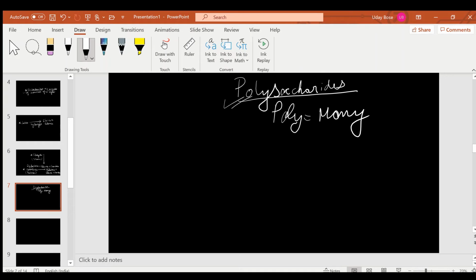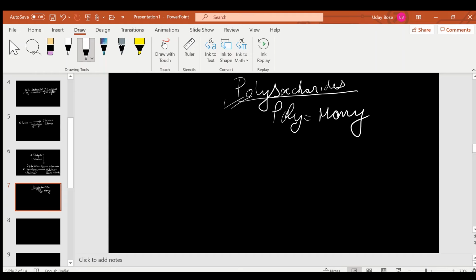And they are usually tasteless, which is non-sugar, and form colloids with water. They will form a colloidal suspension, or they will aggregate when they are kept in water. So this is their characteristic property.